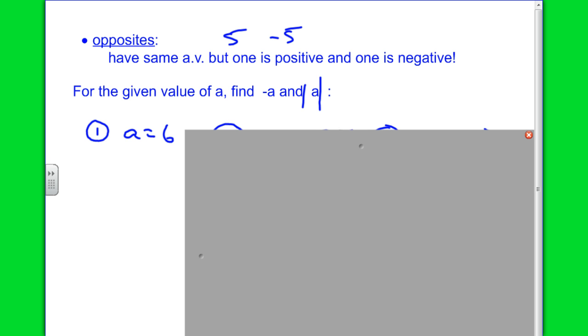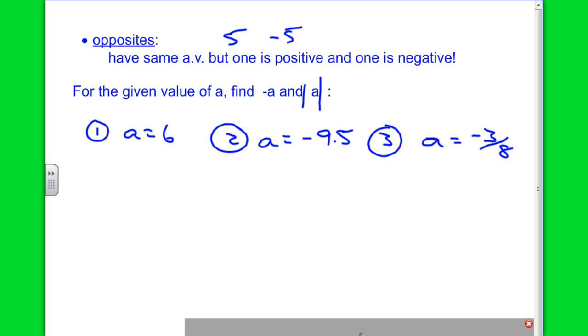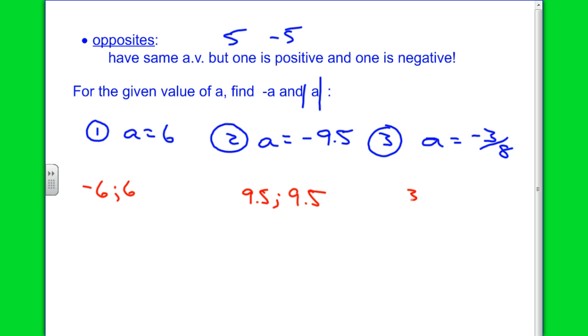Okay, so we're going to try this. And if you are watching this by video, pause, come back to check your work. Okay, the opposite, you're right, is 3/8 because it has opposite signs, right? But now absolute value, what is the absolute value of the negative 3/8? What is the positive distance from 0? 3/8, it's also positive.